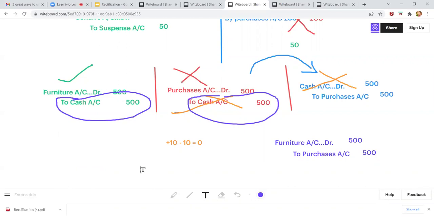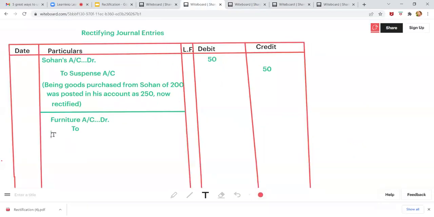So till now, is there any doubt? No, ma'am. All right. So our rectifying journal entry will be furniture account debit to purchases account credit, with the amount of rupees 500 here also 500.